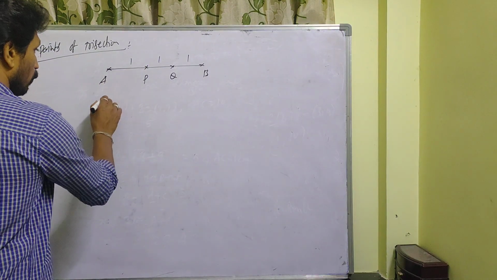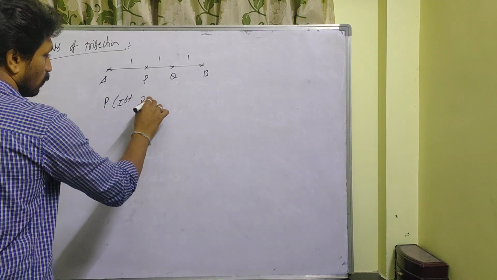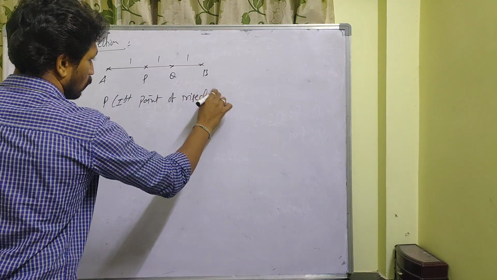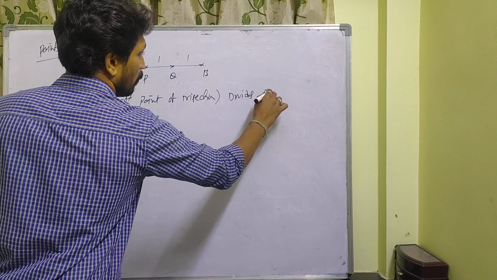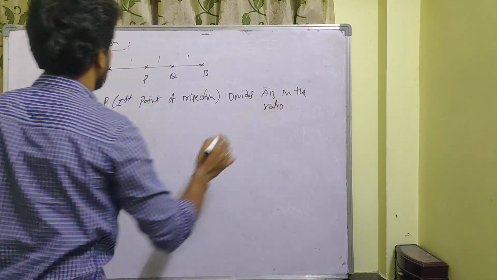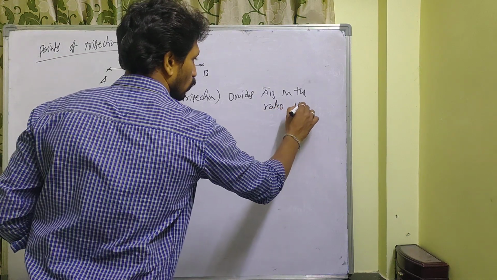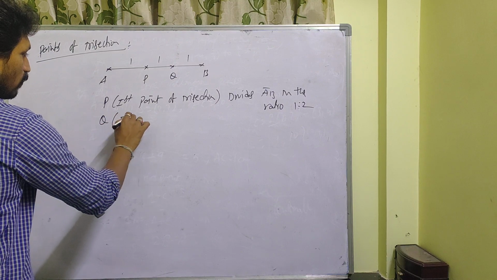Here P is the first point of trisection. P divides AB in the ratio 1 and 2 parts, that is 1:2. Q is the second point of trisection.